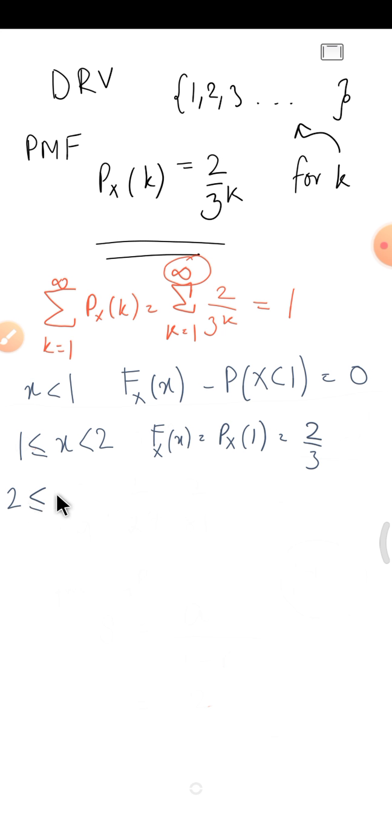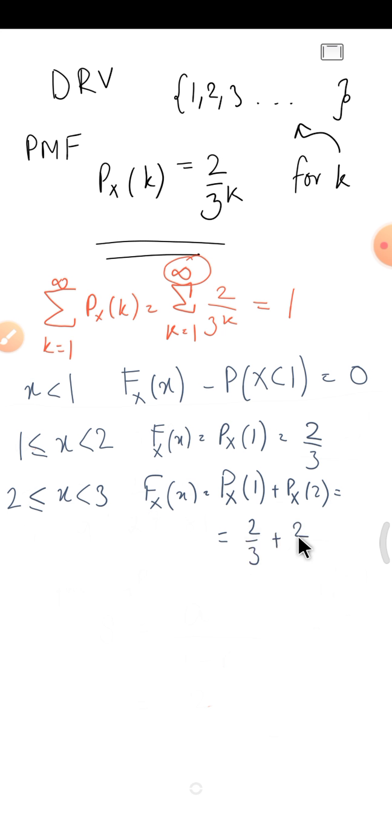For the range 2 to 3, we will write it like this. Here we will write P of x1 plus P of x2 because it will include both of them. I hope you are understanding my point. So here it will be 2 by 3 plus 2 by 9, which will be 8 by 9.